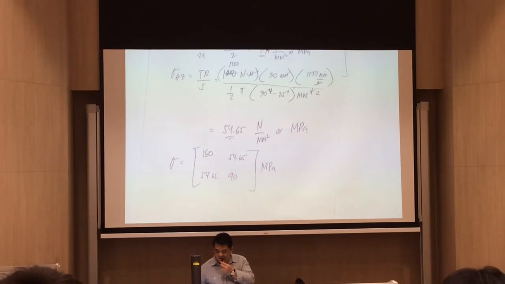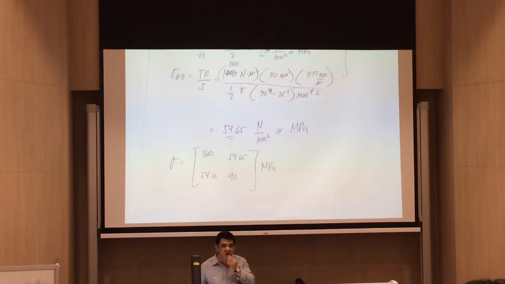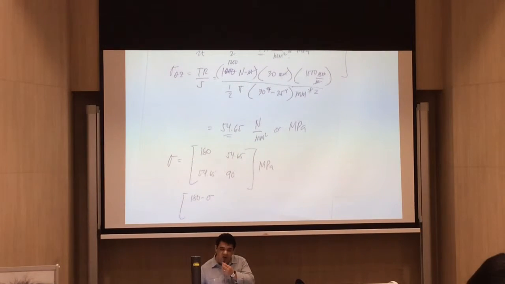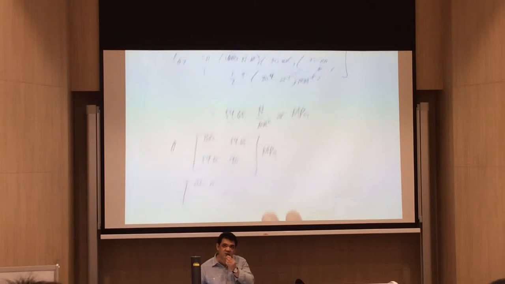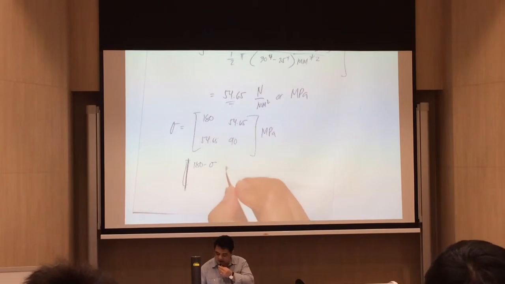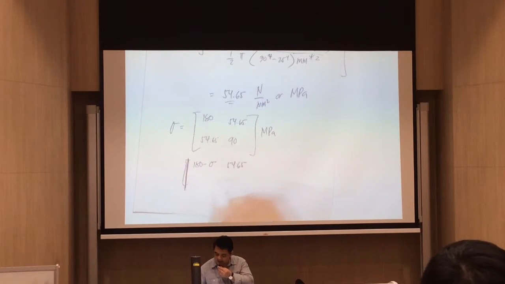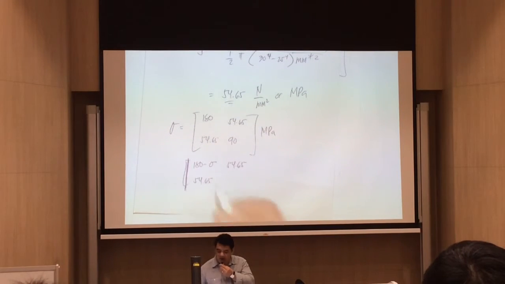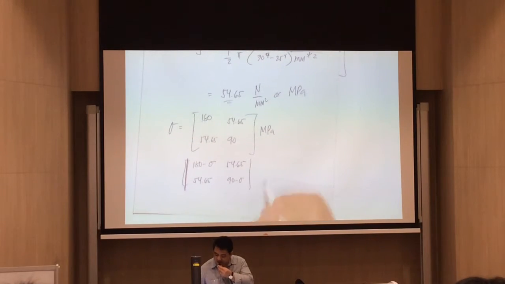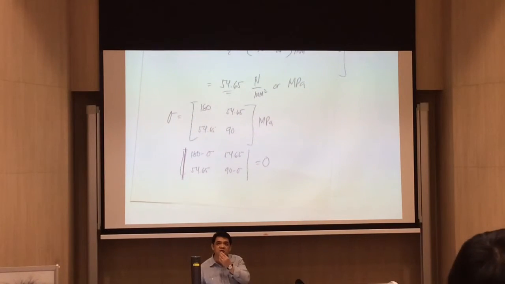It's quite straightforward. You simply take the determinant of this one, and that you will be able to get the principal stress. What I mean to say is that you have this one here, 180 minus sigma, or of course you can use the equation that we have, not a problem. If you haven't memorized the equation or you don't have it with you, take the determinant of this one, equate to 0.